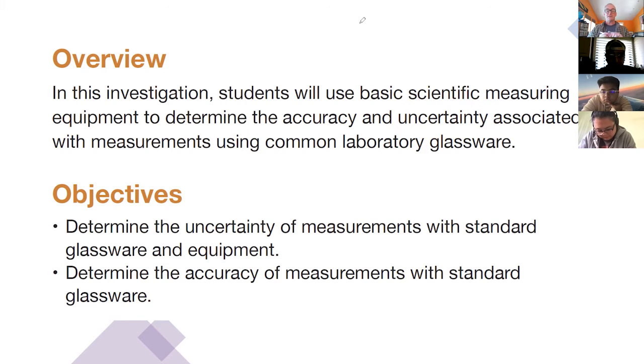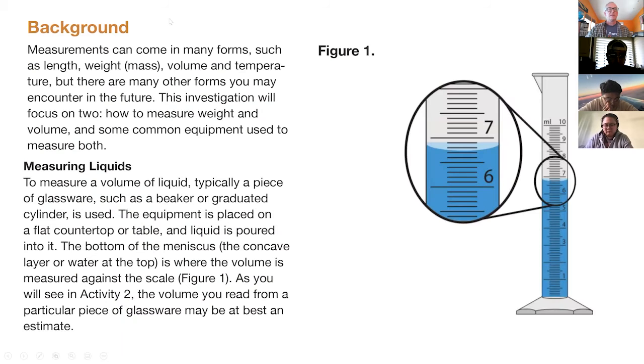So we're going to determine the uncertainty of measurements with these standard things and determine the accuracy. And we'll see that they're related to each other, but they're not exactly the same thing. So you're probably familiar with our graduated cylinder here, and familiar with how to make measurements with it.